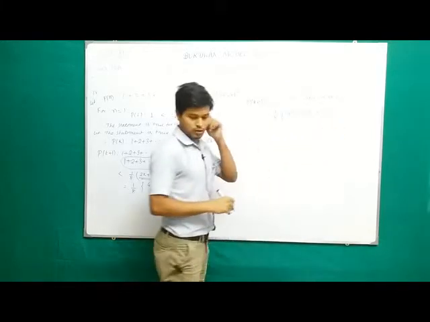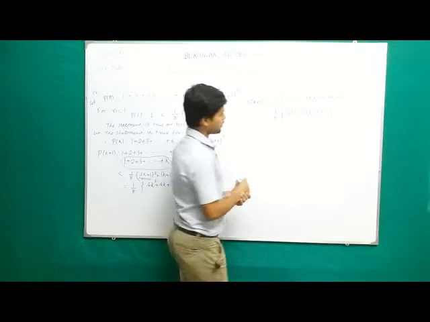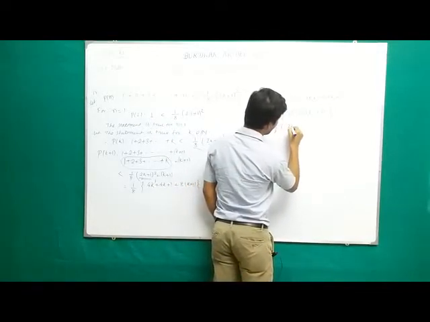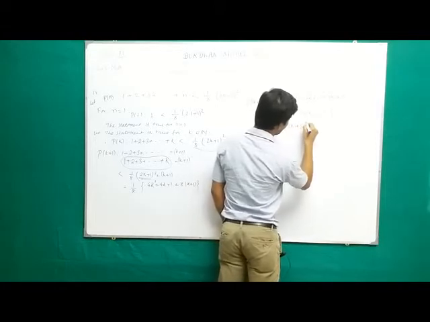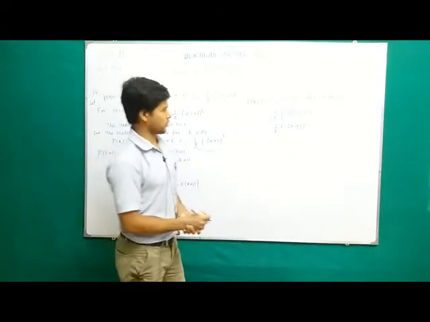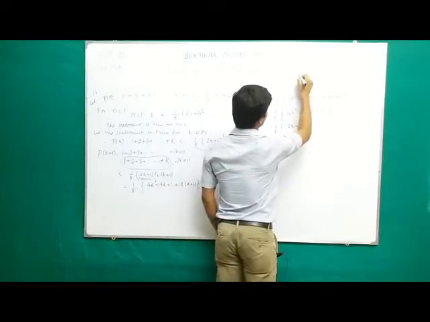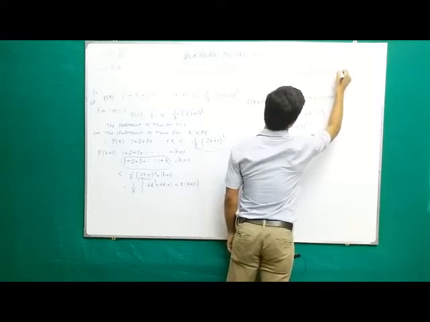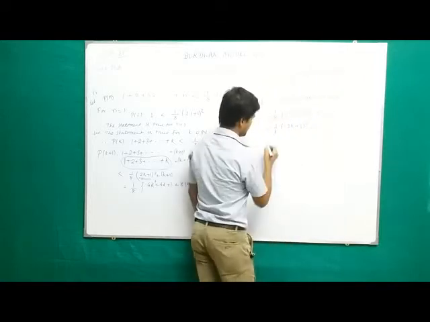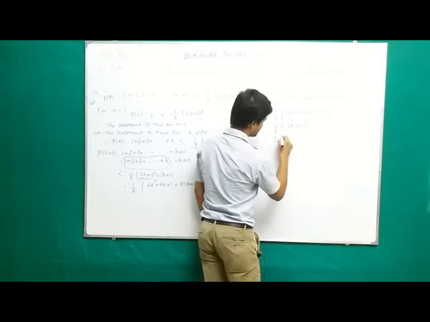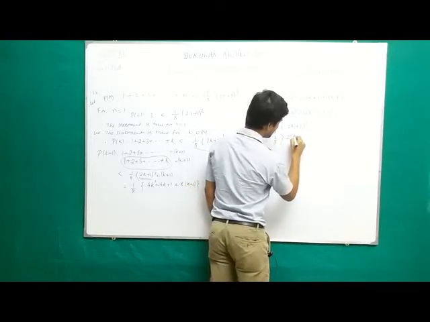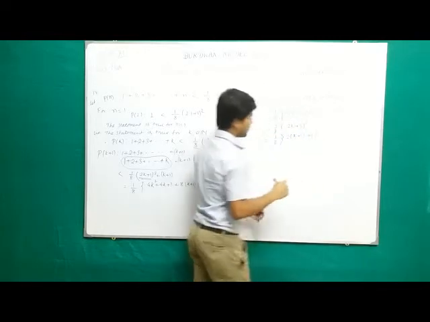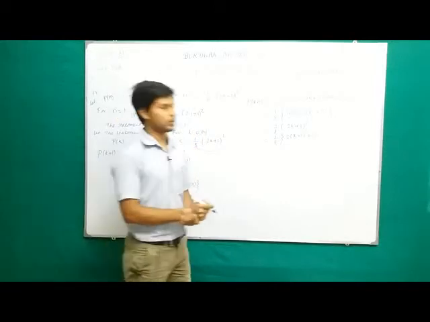4k square plus 12k plus 9 can be written in the form 1 by 8 into (2k plus 3) whole square. If we expand this one, it is 4k square plus 12k plus 9. That is equal to 1 by 8 into (2 into (k plus 1) plus 1) whole square, since 2k plus 3 can be written as 2 into (k plus 1) plus 1.